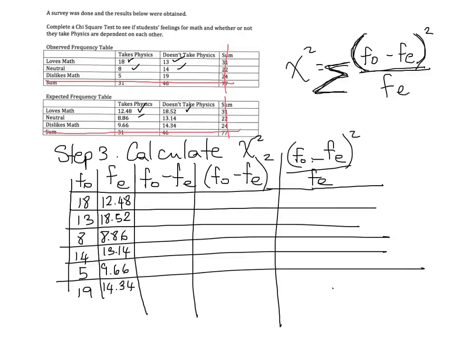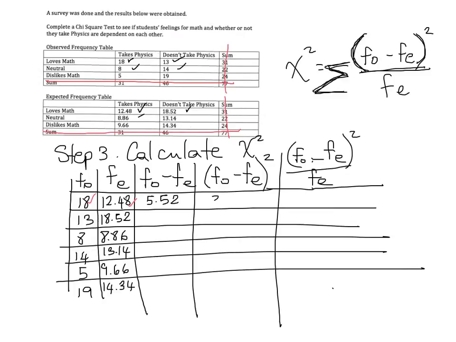So, FO minus FE, so the 18 minus the 12.48 should give us 5.52. So we could go down the table and fill in the rest of that column, but I find it a lot easier, since that number is in your calculator already, to just square it.